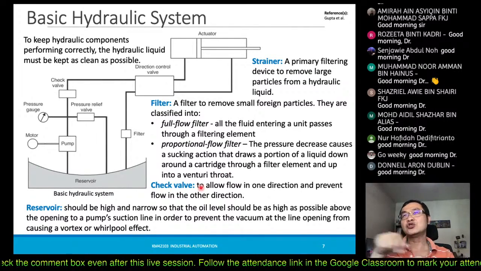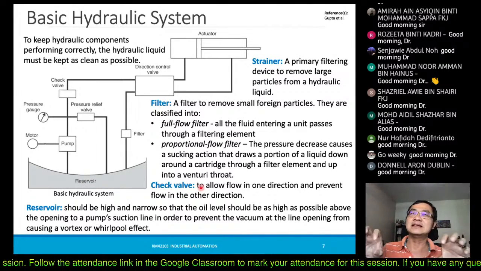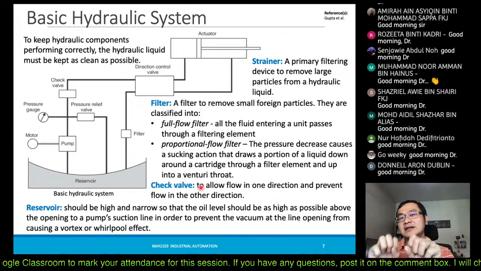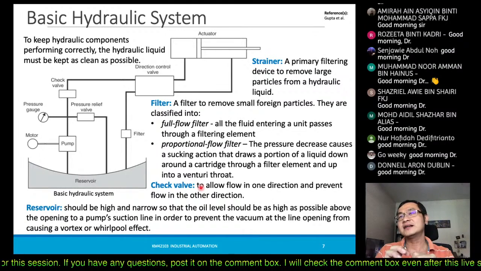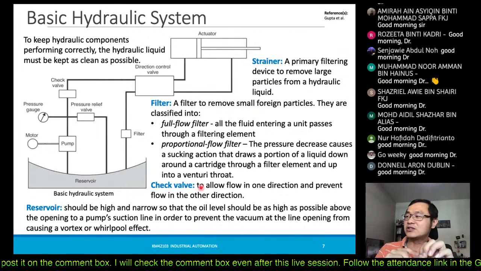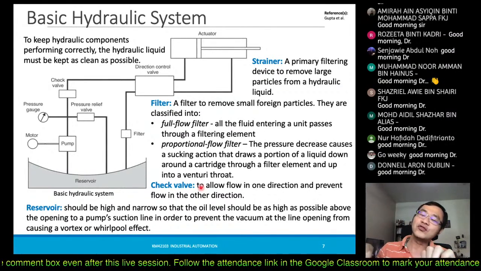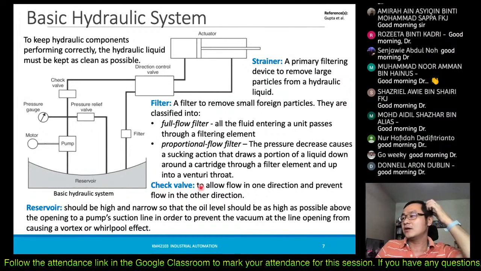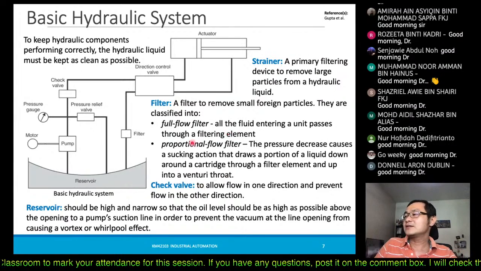Due to the construction of the venturi, at the smaller diameter of this venturi truck, you will have a lower pressure and a higher pressure difference. So eventually, because of that, a certain part of the oil will move to this filter through this venturi truck and be filtered out on that small part.